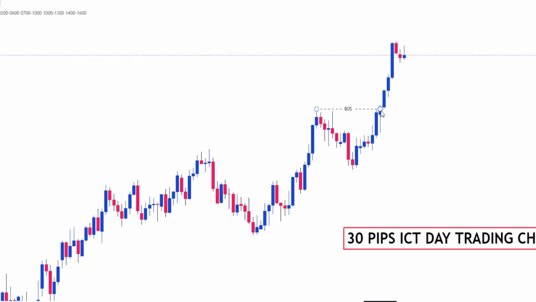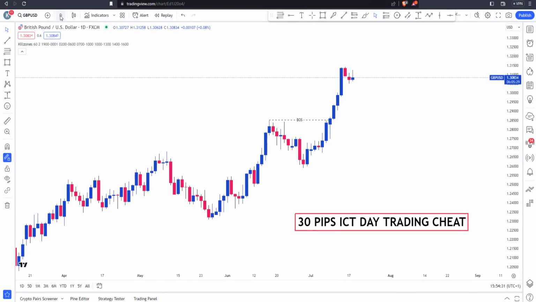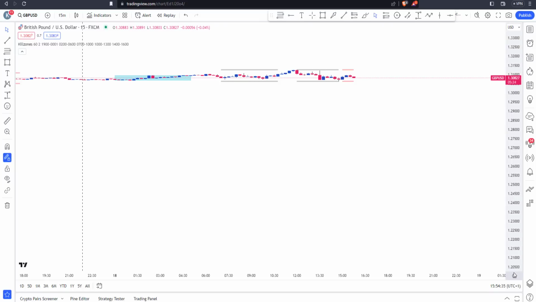You can see this one closed above the previous day high, this one closed above the previous day high, this one closed above the previous day high, likewise this level. So this can give us an idea that the institutions are trying to go bullish. So what we do in the lower time frame is to only go in the direction of the higher time frame. So we'll drop down to the 15-minute where we're going to start this simple strategy.